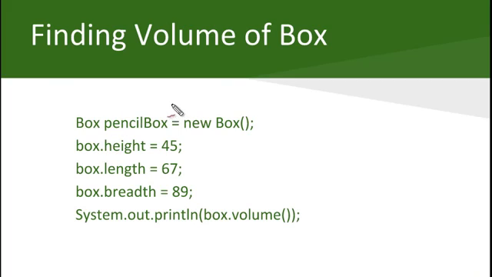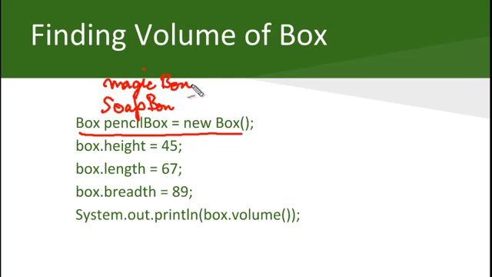And what is happening in the main part is that we create the object pencilBox, or you can call it a soapBox, or you can call it a magicBox. This is creating a new object of the class Box.